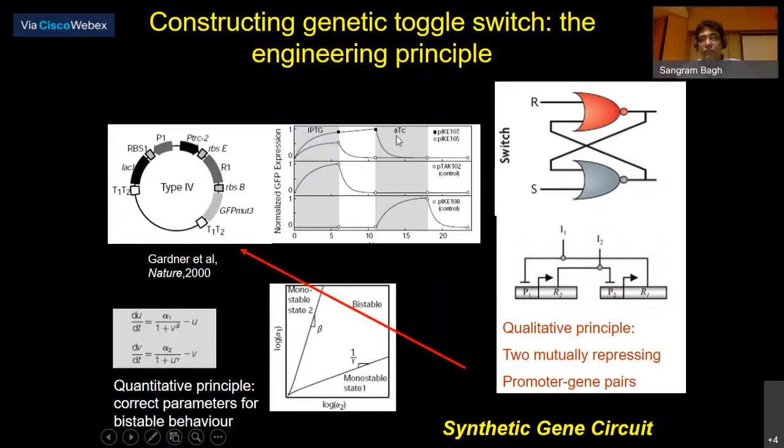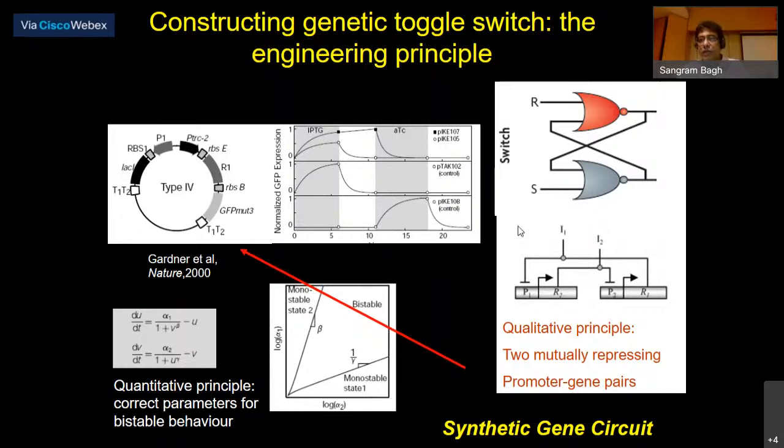Now you give the ATC into the system, it comes off, you take the ATC off from the system, still it is turned off. It is exactly like the mechanical light switch I talked about. So in that way, you can see that it's the simplest memory device. Now, if you want to develop this kind of memory device, how are we going to do that?